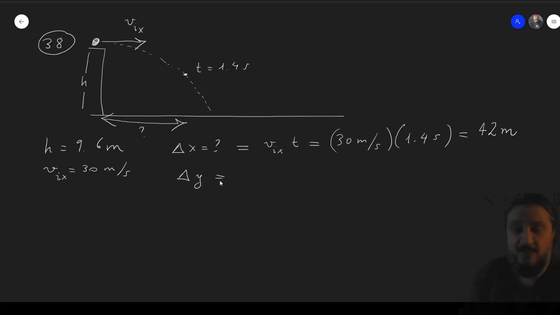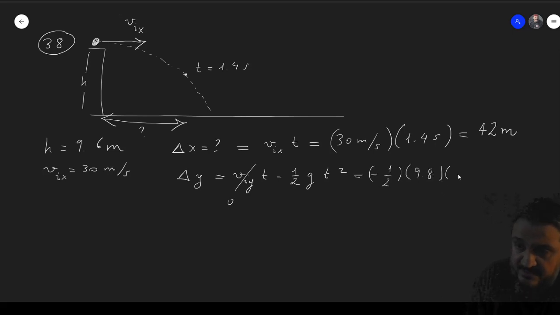Remember the formula, v initial y t minus 1/2 g t squared. Well, v initial y is 0 because it's thrown horizontally. Negative 1/2 times g, 9.8, times 1.4 squared.